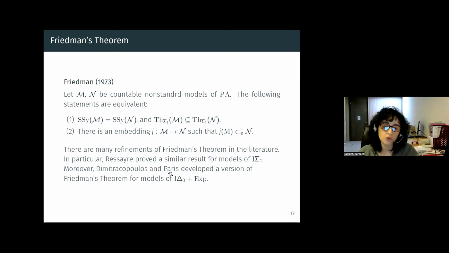But we are not going to go into the details of this version of Friedman's theorem. We just use it whenever we need it.